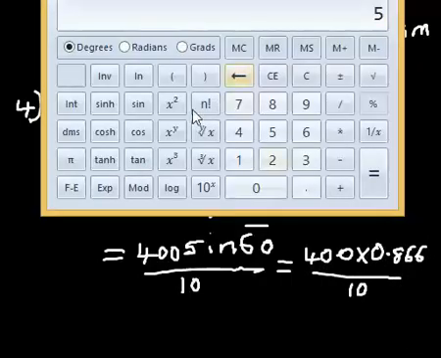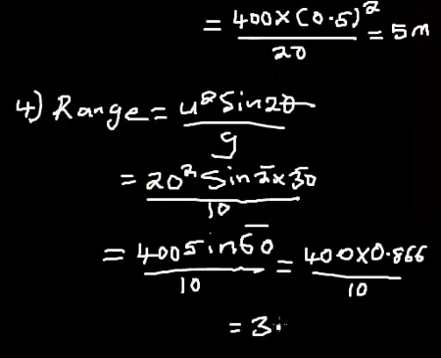So we use our calculator. 400 times 0.866, divided by 10. That's 34.64. And that is in meter.